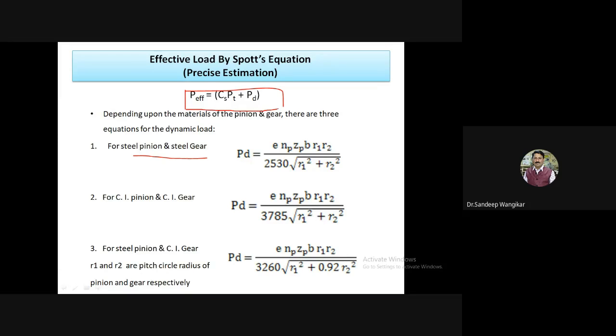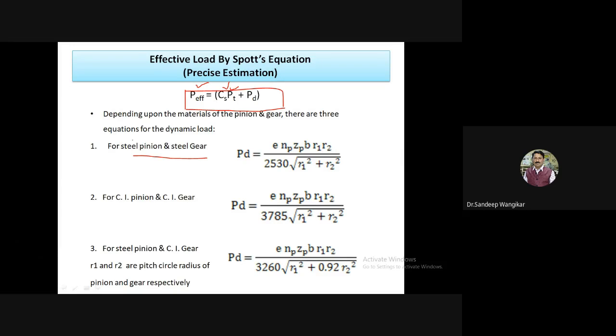P effective is equal to CS PT plus PD. P effective is the effective load, CS is the service factor, PT is the tangential load, and PD is the dynamic load by using Spot's equation. Now we are discussing the Spot's equation formula. There are three categories in the Spot's equation. Category number 1, when the steel pinion and gear are both made up of steel material.